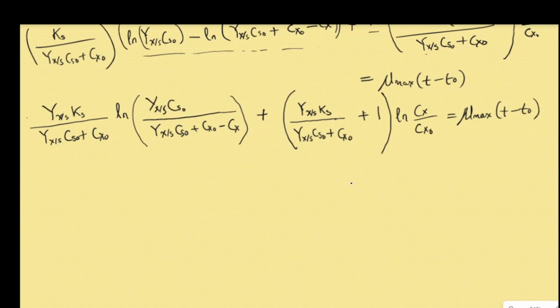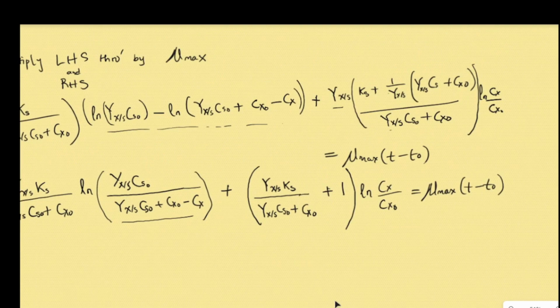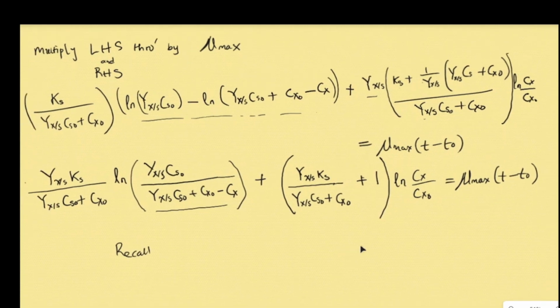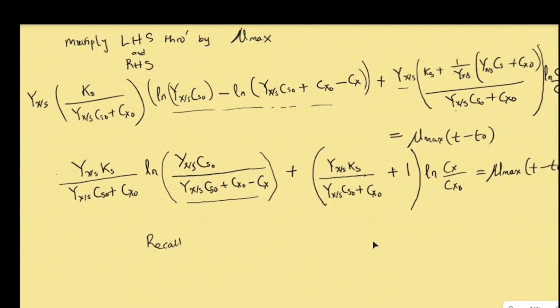Now the next thing you're going to do is you're now going to see something that I told you. Now you see this particular expression, so let's scroll up. We have YX/S, then CX0, then YX/S CS0 plus CX0 minus CX. So I want you to recall. You can pause the video and go back to the place where I referenced equation 1.